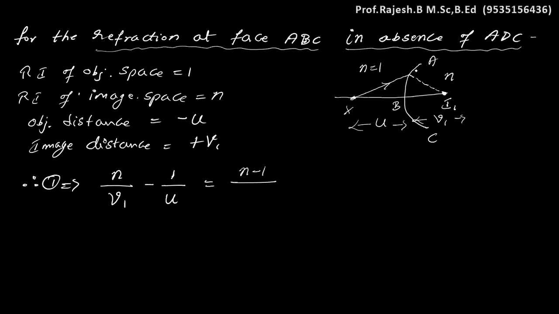Since the radius is towards the right side, it is plus R1. Call this equation 2. So this is for the refraction at phase ABC, related to the first phase. Copy this.